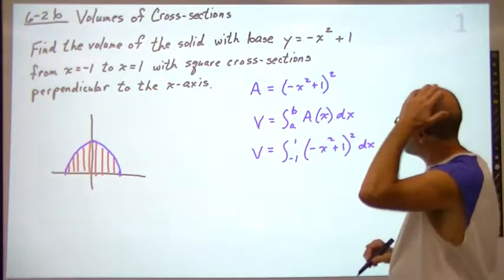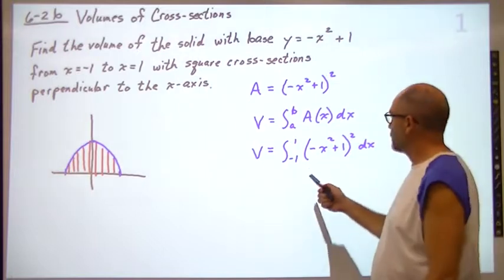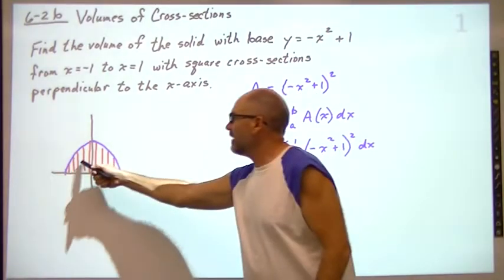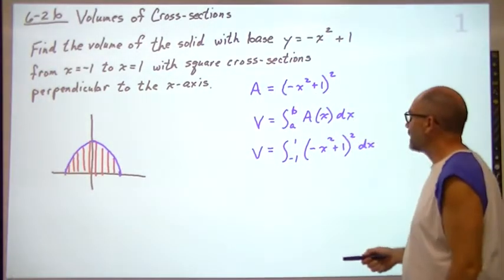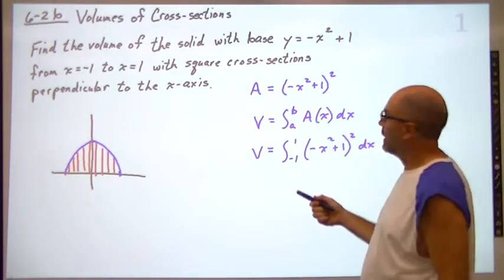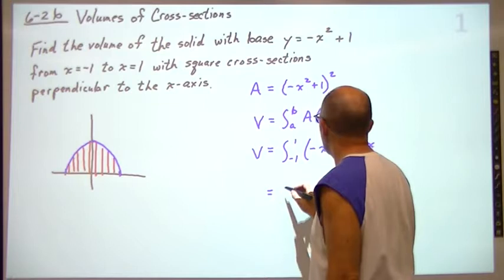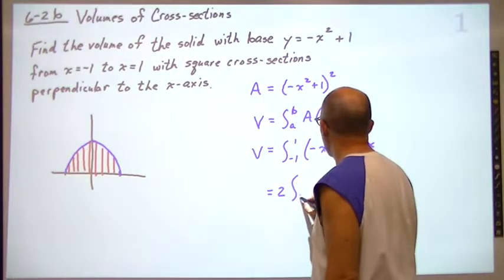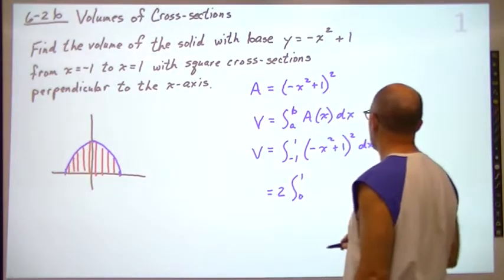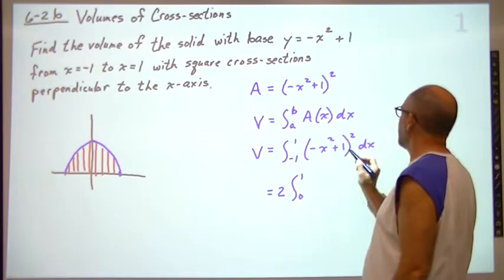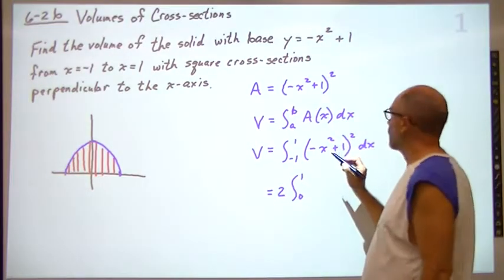Now, we need to take advantage of the symmetry here, and notice the left and the right side of the y-axis are equal area. So that means instead of going from negative 1 to 1, I just want to go from 0 to 1 and double it. Now, I'm going to expand this to make it easier to integrate.